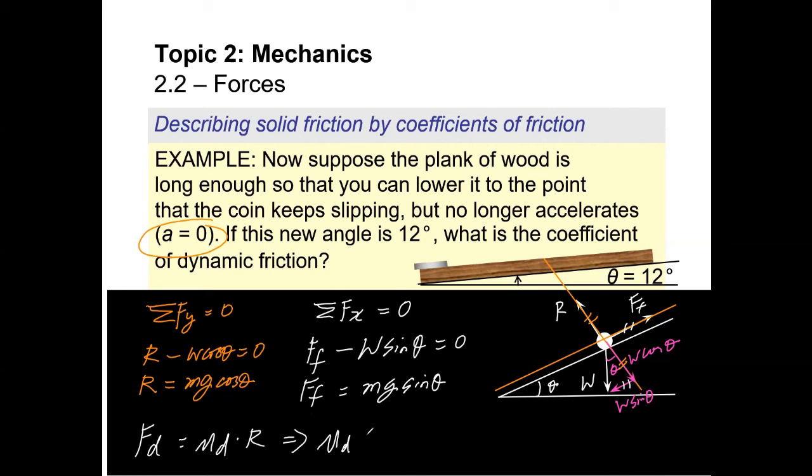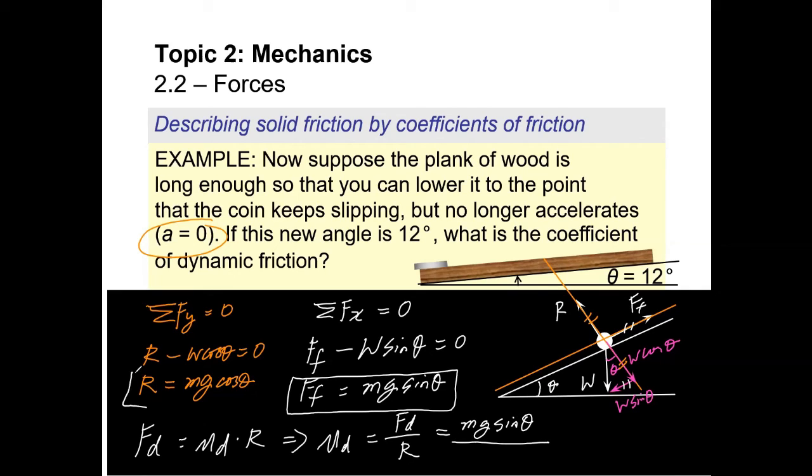So the coefficient of dynamic friction equals dynamic friction over R. Dynamic friction is mg sine theta, and R is mg cosine theta. The mg's cancel out.